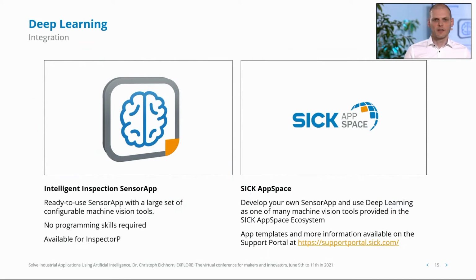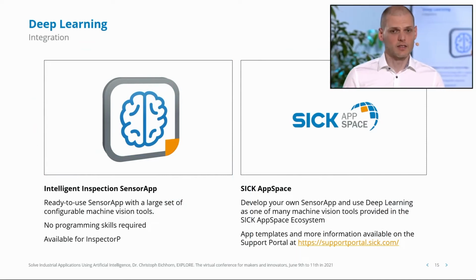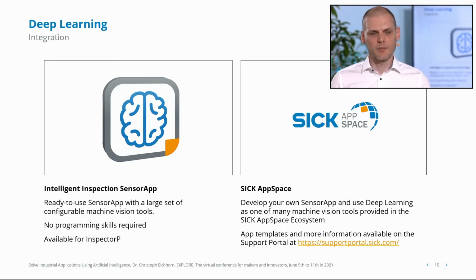So you've seen that it's very simple to teach and train a deep neural network for a specific task. When it comes to the integration, you often have to do a little more than just teaching some images and recognizing them. So there are further adjustments which are needed. And for this purpose, you can either use our ready-to-use intelligent inspection sensor app, which is available for our programmable cameras.